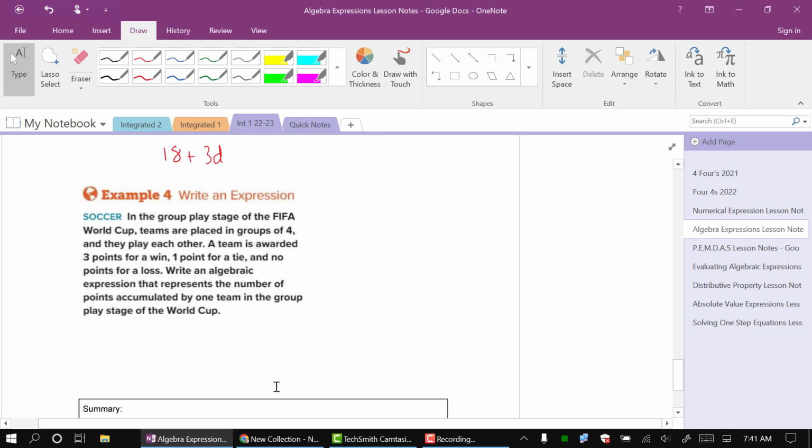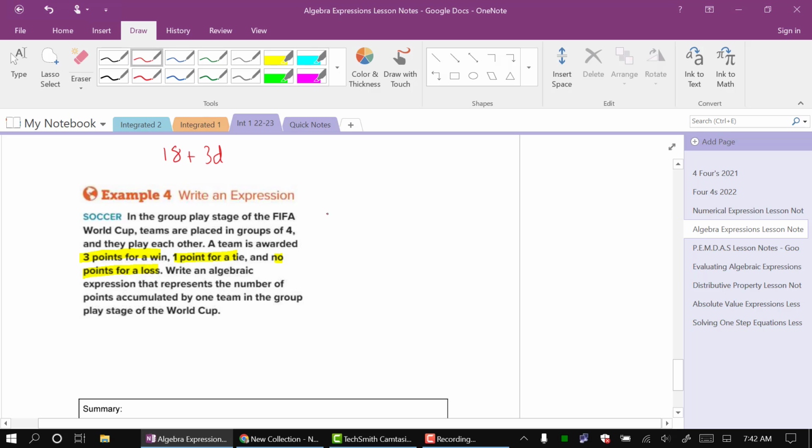In the group play stage of the FIFA World Cup, teams are placed in groups of 4, and they play each other. A team is awarded 3 points for a win, 1 point for a tie, and 0 points for a loss. So 3 points for a win, 1 point for a tie, no points for a loss. Write an algebraic expression to represent the number of points accumulated.